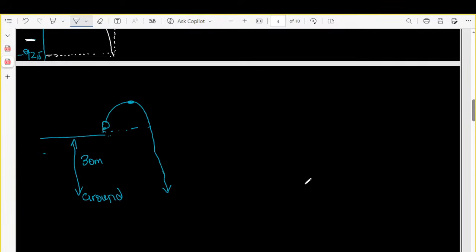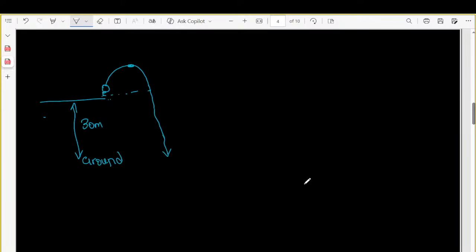So now, let's work on another example. Let's see if you understand what is going on here.